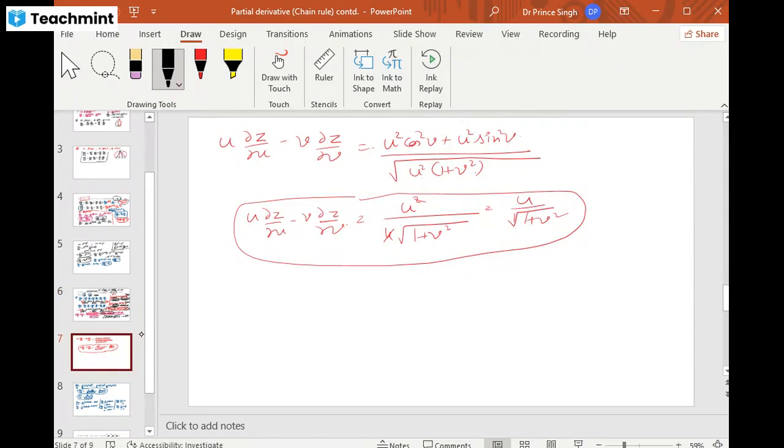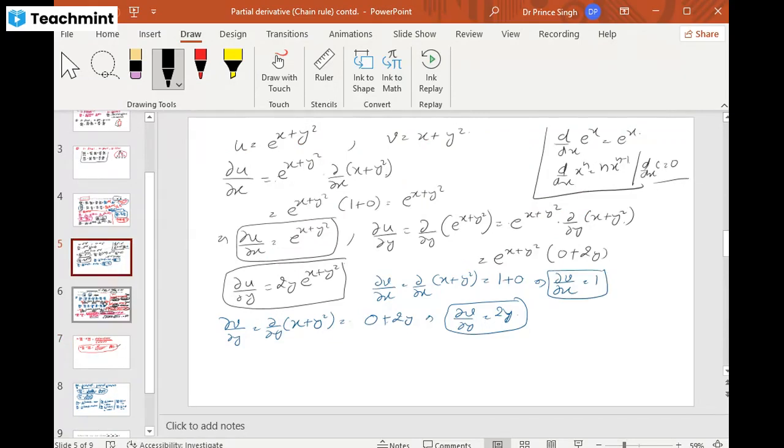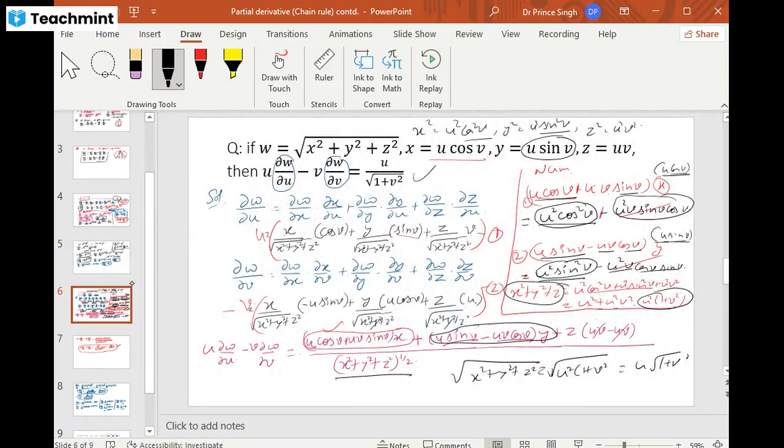So one power of u gets cancelled out. So this is the required answer which we need in this question. Okay, it is a bit complicated, but here we have used the first and third case of chain rule.